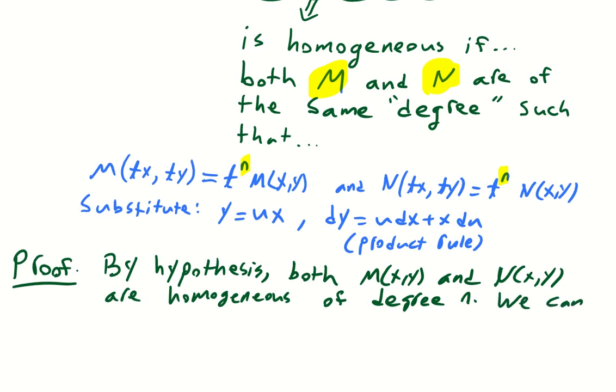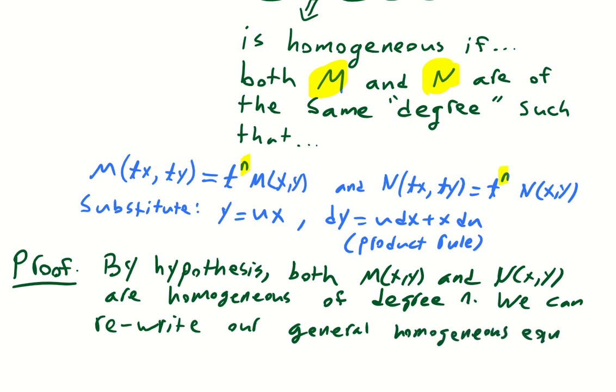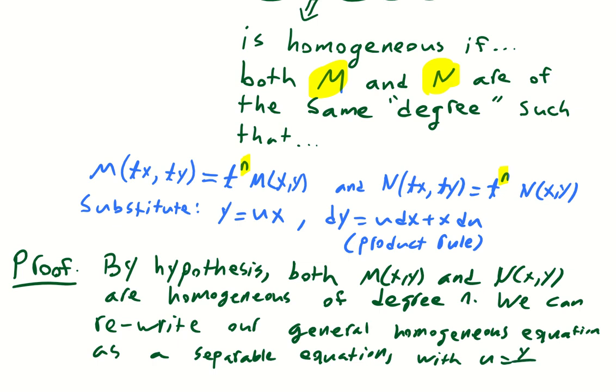We can rewrite our general homogeneous equation as a separable equation with u equal to what? y over x.